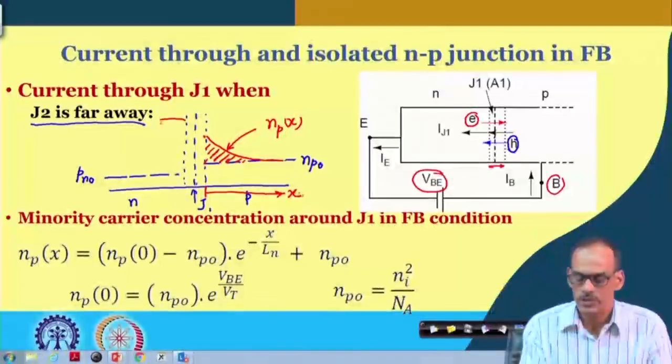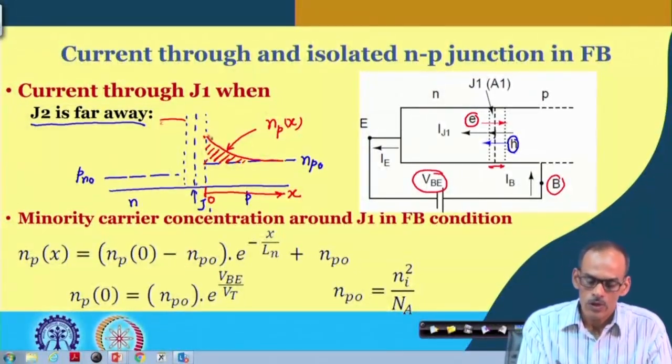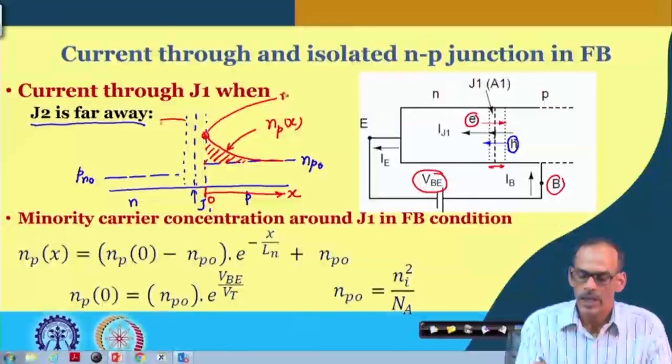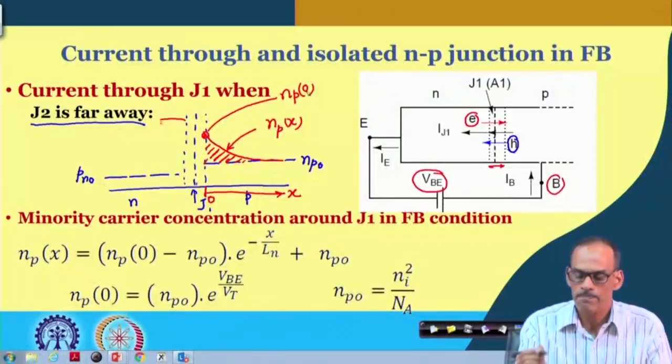So, x is positive in this direction. It starts from the edge of the junction, say 0. Whatever the concentration we do have at this point, we may say that this is n p at x equal to 0.